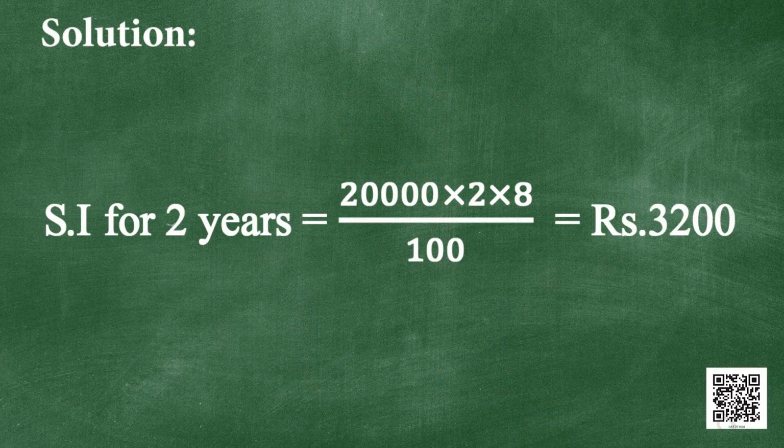Simple interest for 2 years is equal to the principal amount 20,000 multiplied with the time, 2 years, multiplied with the rate, 8% per annum, divided by 100, which is equal to rupees 3,200. Students, we find that the compound interest is rupees 128 more than the simple interest. So, if Arun would have used compound interest, he would pay rupees 128 more.